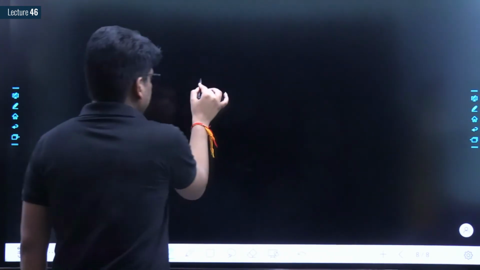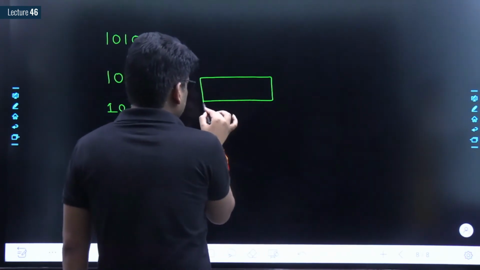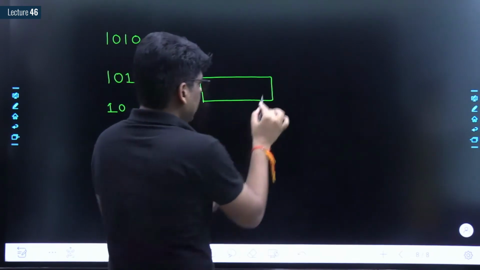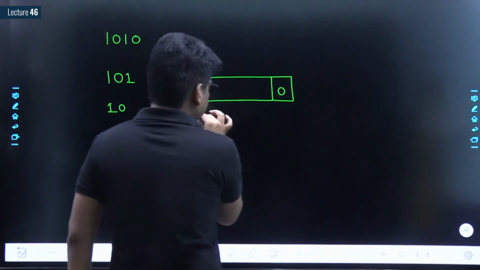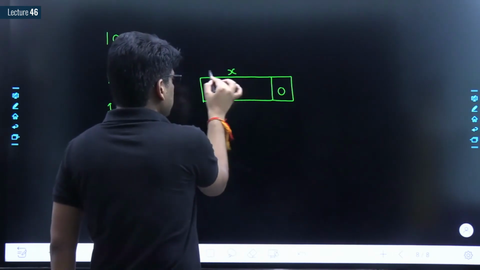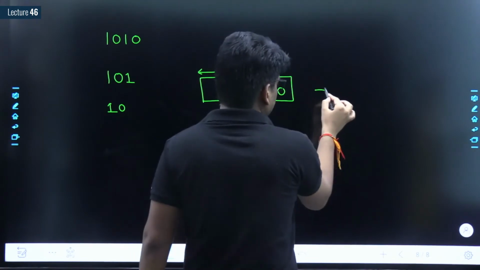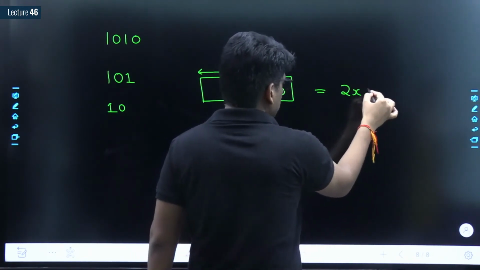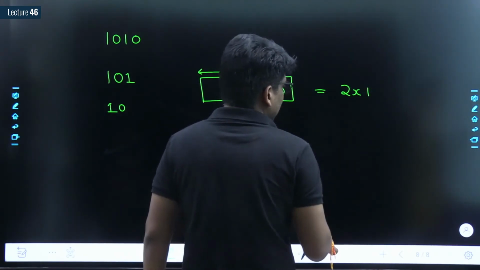Try to understand. In the previous session, I already talked about this: if I have any binary number whose value is x, and I append a 0, its new value becomes 2x.